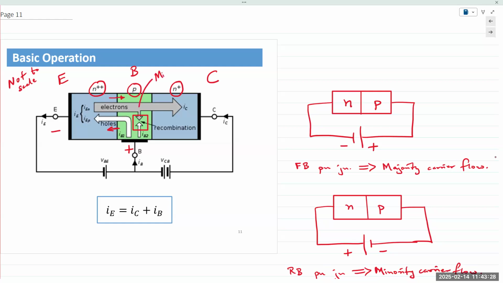So here, they are minority carriers. Here, they are majority carriers. Okay. And now it's a reverse bias PN junction. What happens to minority carriers when you have a reverse bias PN junction? They cross over.